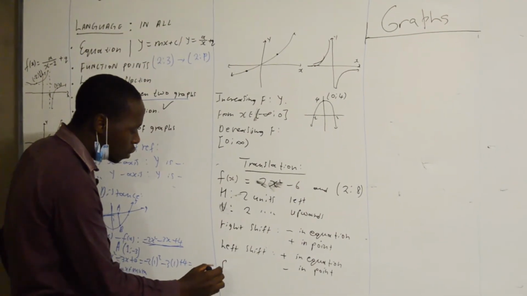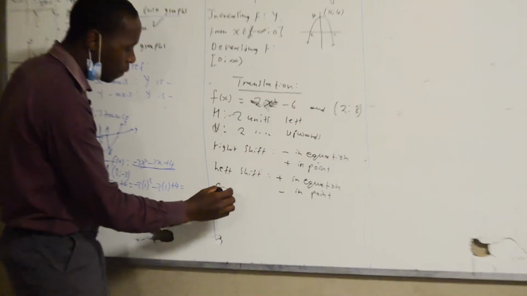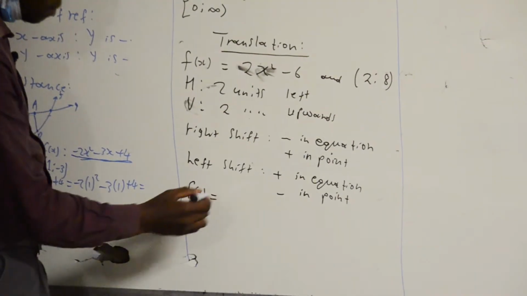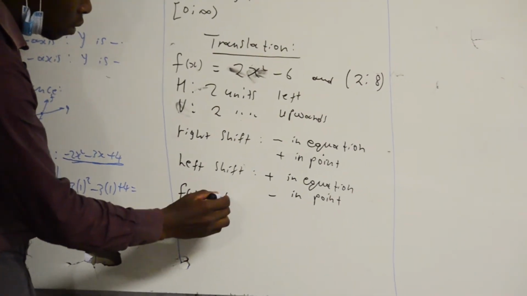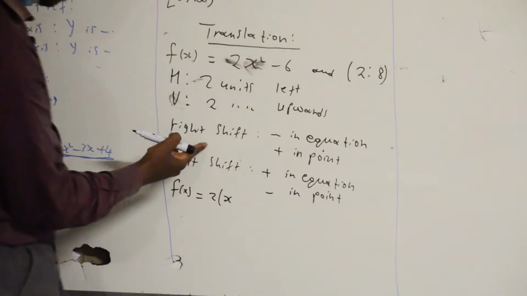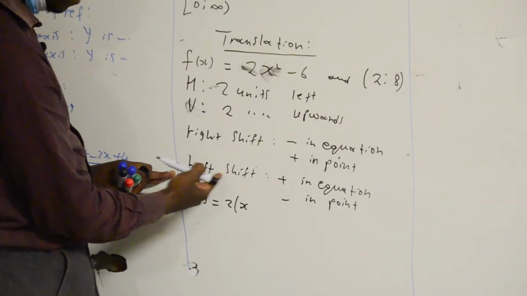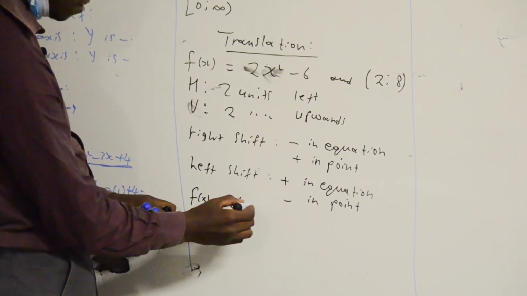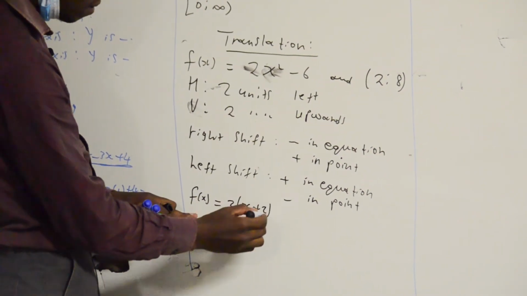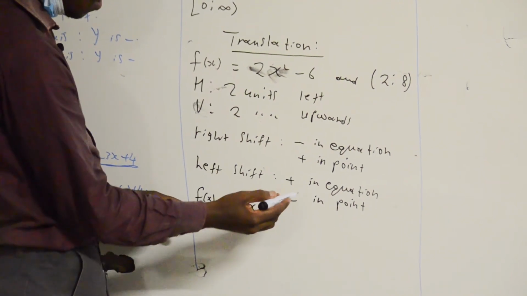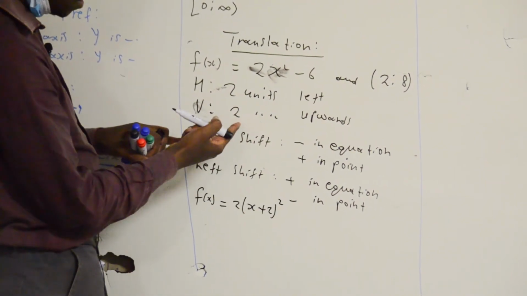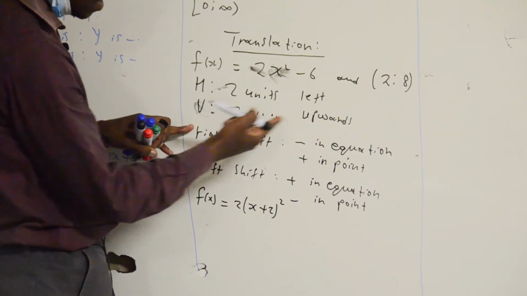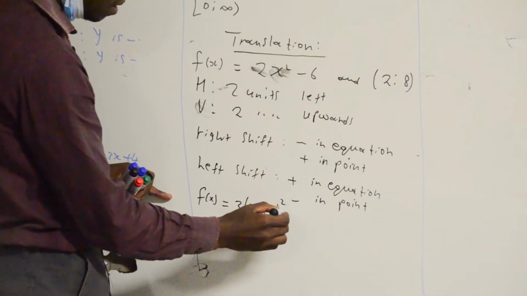So I have f of x equal to 2x squared minus 6. If I go left, I have a rule: if I go left, in the equation I put plus, so I put plus 2 inside the squared term. Then I again shift the graph 2 units upwards. That means I add plus 2 to y.